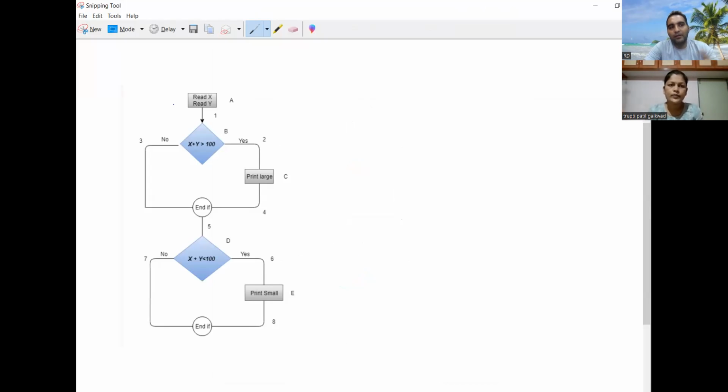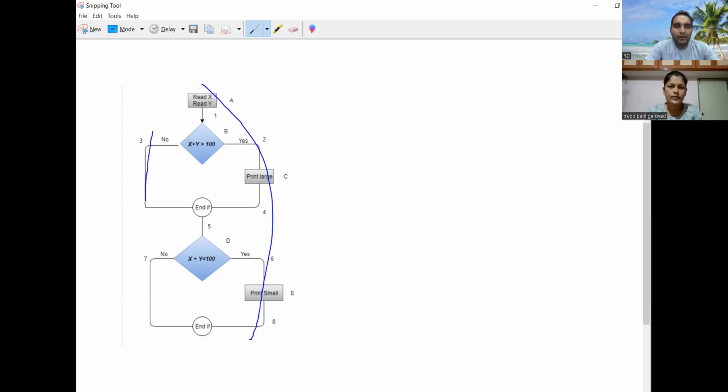I have created a flow chart for this. Read X, read Y. Then if X plus Y is greater than 100, we will print large. And if X plus Y is less than 100, then we'll print small. Now you can see we will first focus on this particular path, then we will focus on the next part.